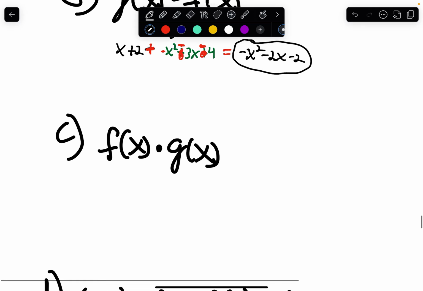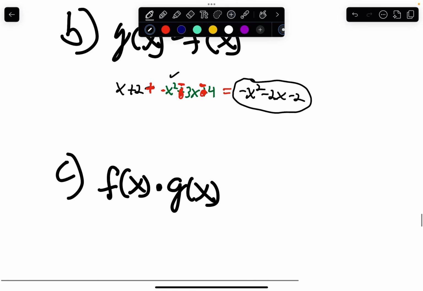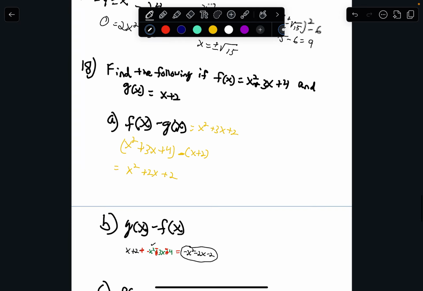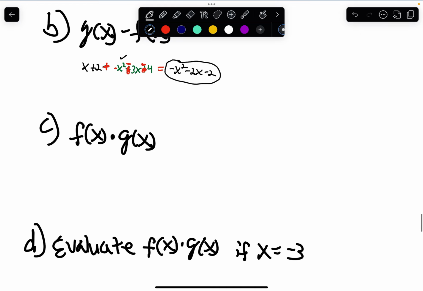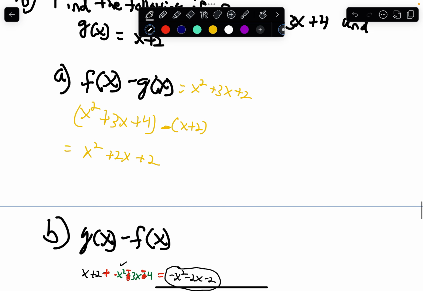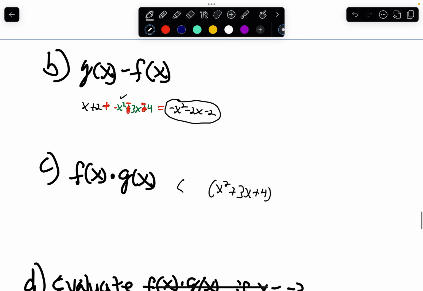Now we're multiplying on c. So c is f times g. Again, f is x squared plus 3x plus 4. And g is, what was g? X plus 2? Yep. I just randomly wrote them down. Okay, so now you have to distribute.